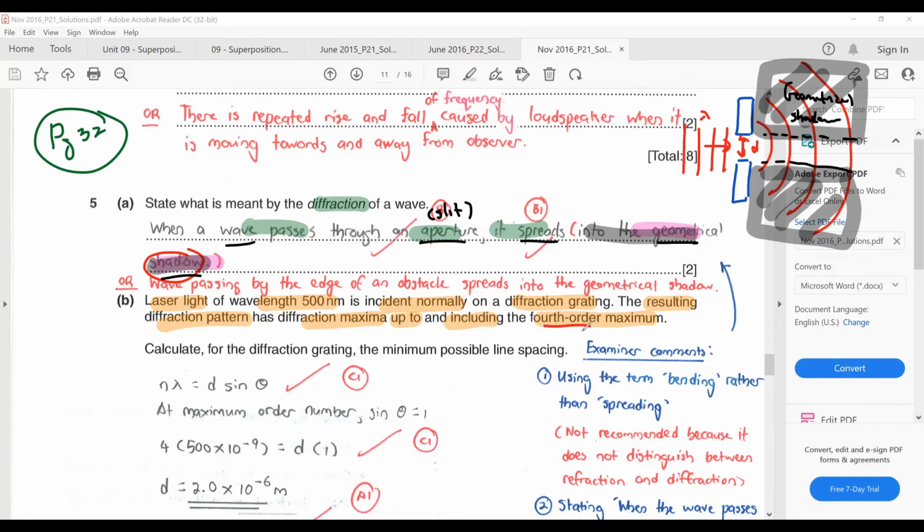It is up to n equals 4. So now calculate for the diffraction grating the minimum possible line spacing. This one is asking for big N, capital N. All right. So here you can actually just say something like this.